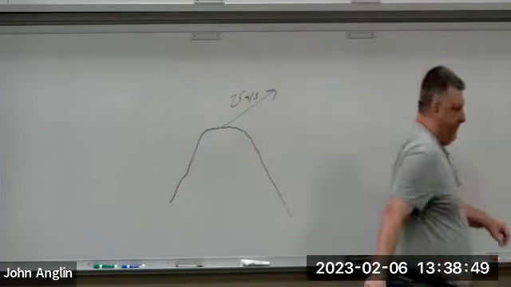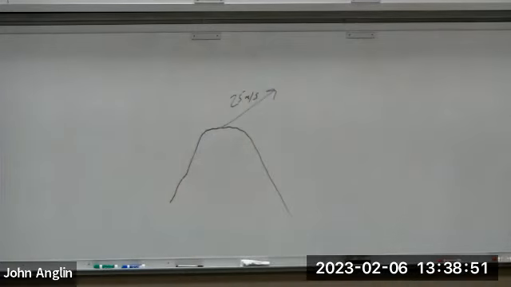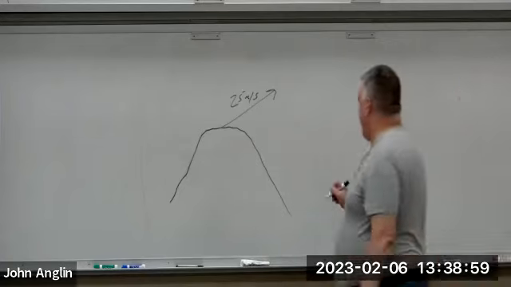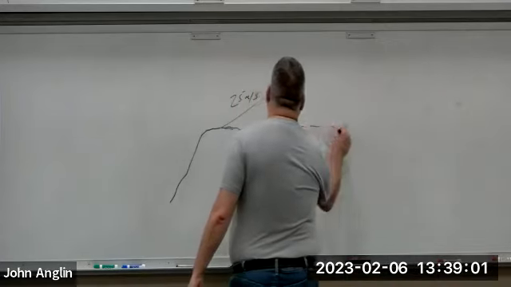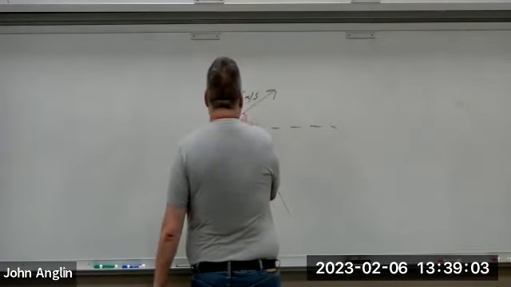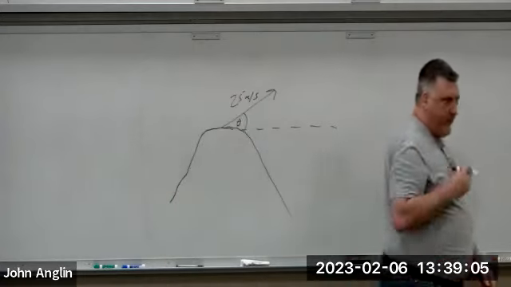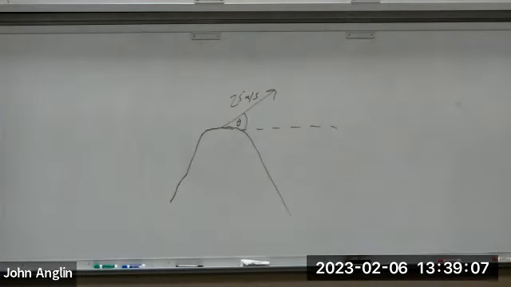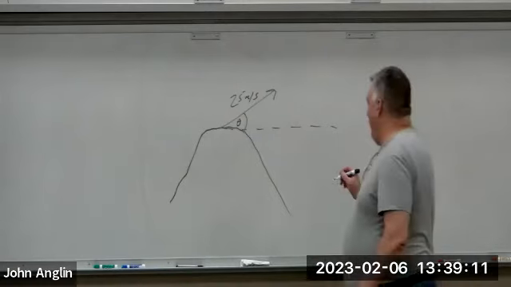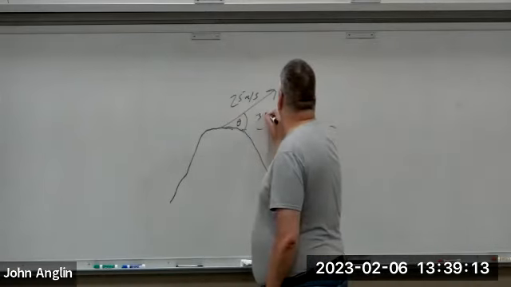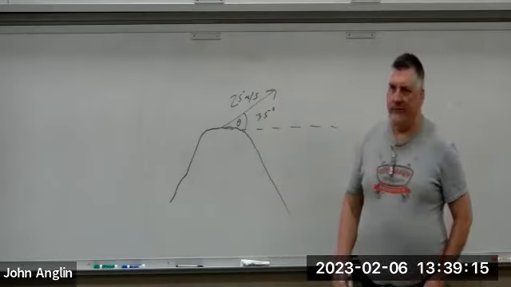Pretend this is a volcano. It ejects some rock at a velocity of 25 meters per second. We're going to pick a horizontal from the top of the volcano, and we're going to say that it makes an angle of 35 degrees.